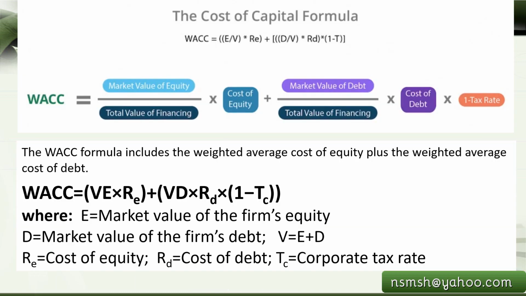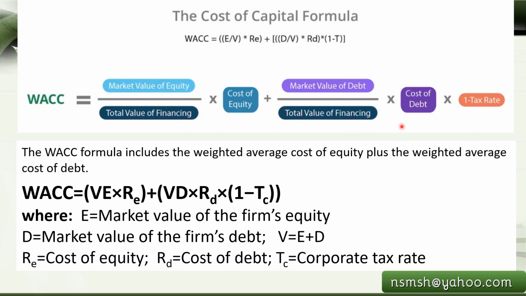The cost of capital formula is given by the weighted average cost of capital, and we have the cost of equity, on which we put the weightage of the market value of equity divided by the total value of financing. Similarly, we find the cost of debt and apply the weightage of market value of debt divided by the total value of financing.